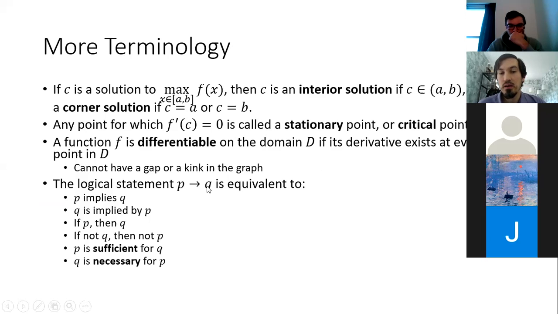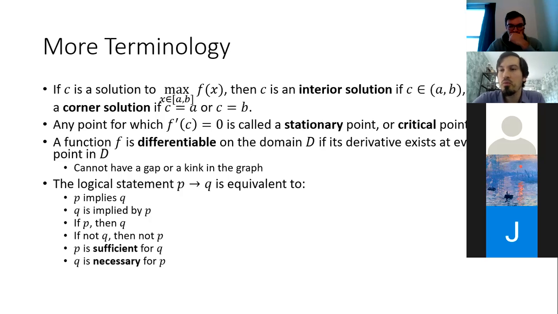This here is equivalent to saying Q is necessary for P. So if I ask you to find a necessary condition, or you yourself are finding a necessary condition for something that you care about, something like optimization, it doesn't mean that you've definitely found the maximum.